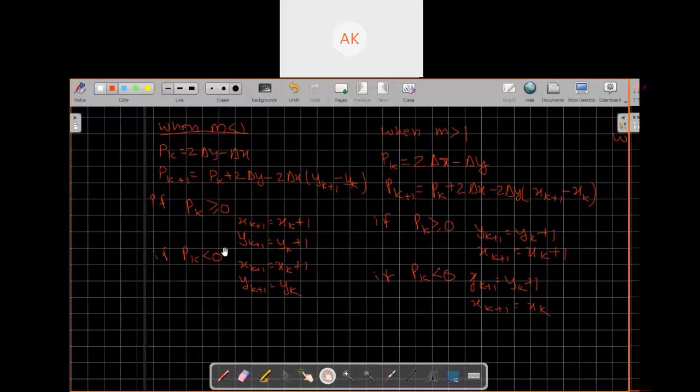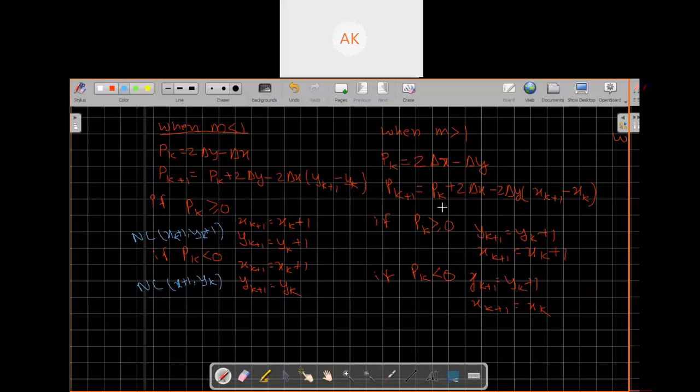So when your slope is less than 1 and your pk is greater than 0, your next coordinate will be xk plus 1, yk plus 1. Right. And if your decision parameter is less than 0 in case of m less than 1, your next coordinate will be xk plus 1, yk.